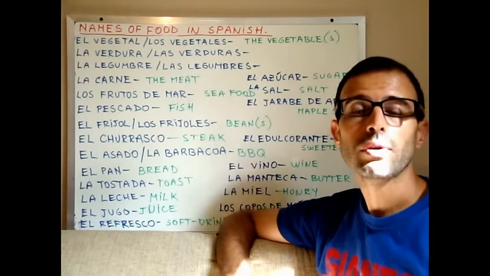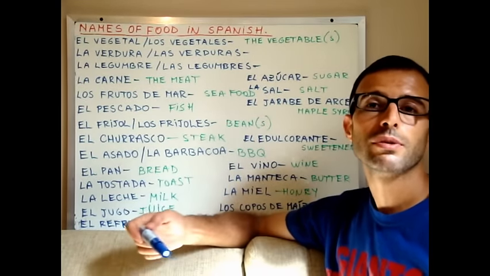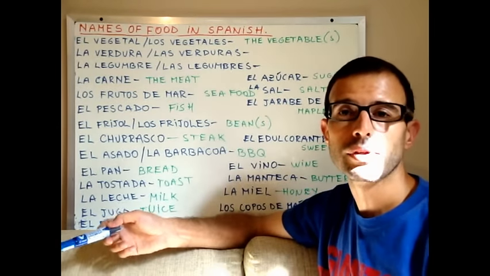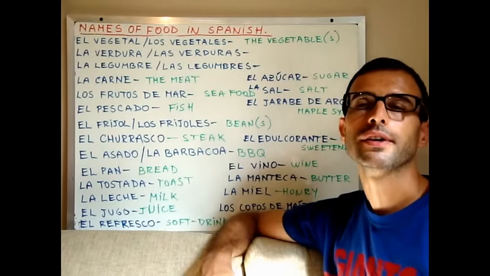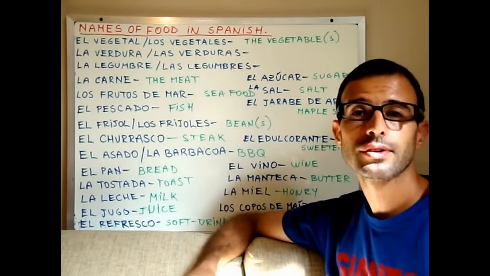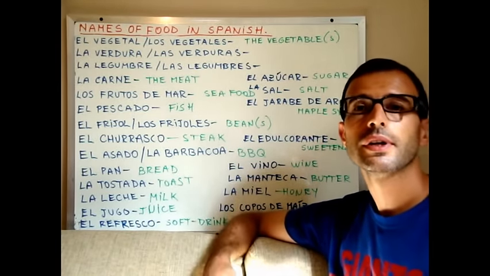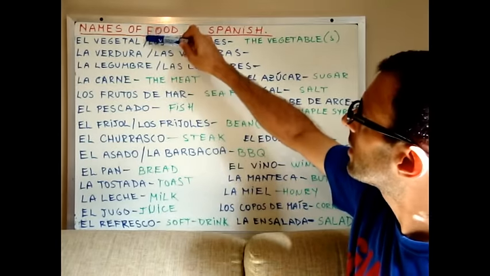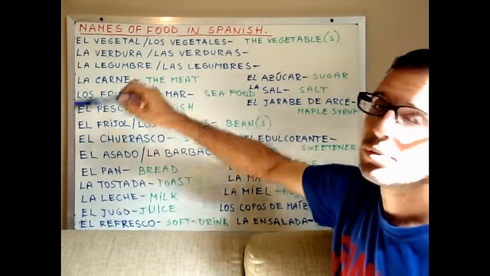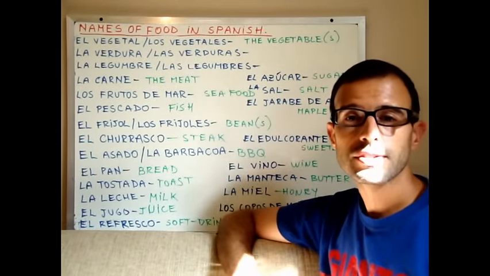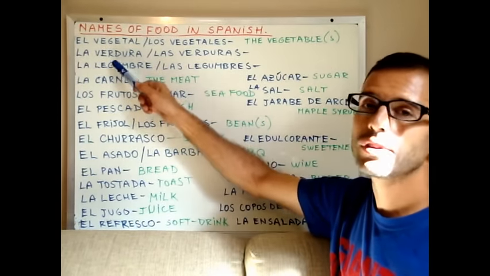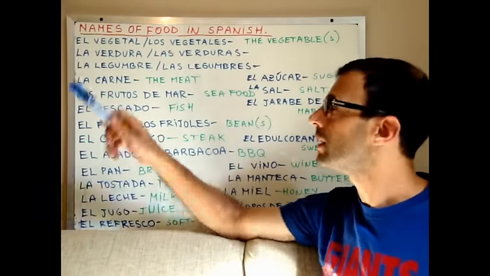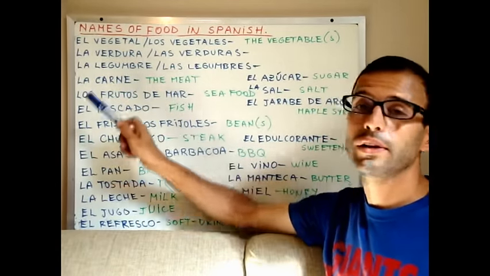Legumbres are also vegetables, but these are the vegetables that are usually grown in vegetable gardens, like spinach, lettuce, cauliflower, cabbage, and those, okay? So you can see that these three translate as vegetables in English, but they have different meanings. The first one is the broadest in meaning, then the second one, and then the third one, okay?